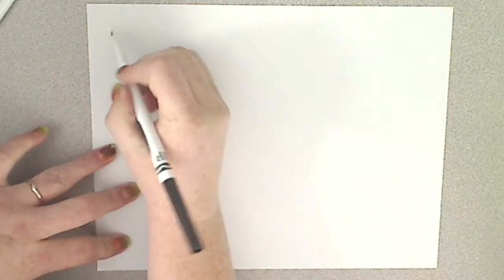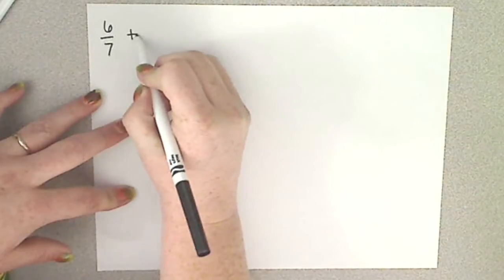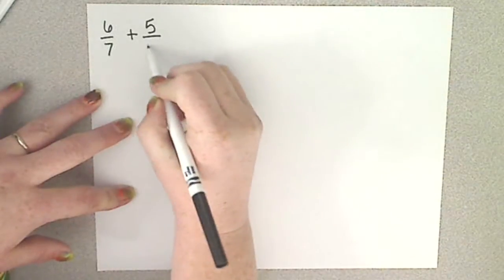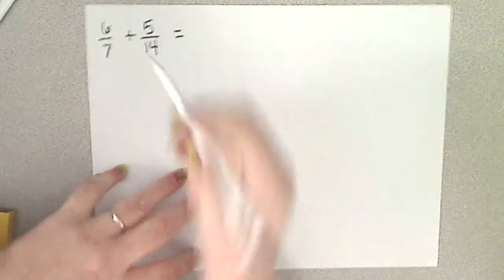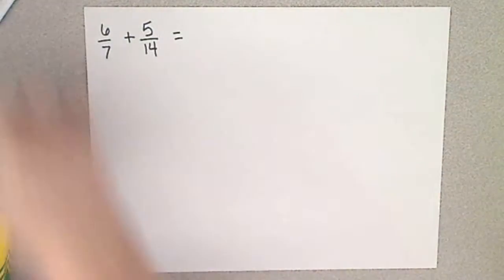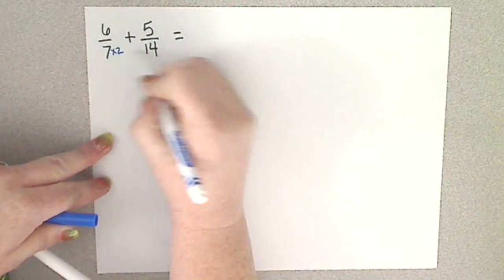All right. We have 6/7 plus 5/14. And yet again, I know that I can multiply 7 times 2 to equal 14.